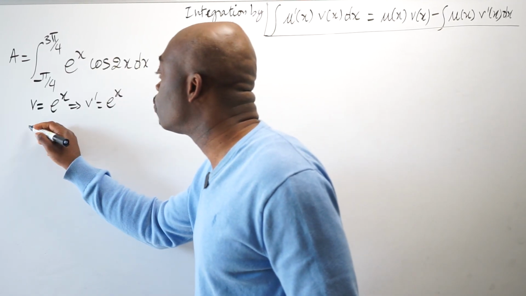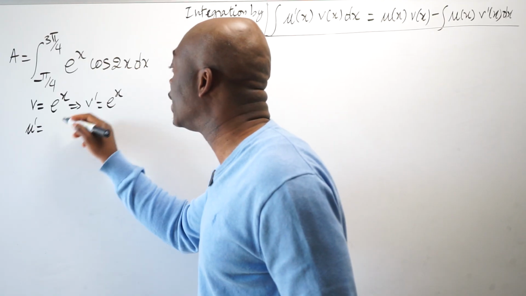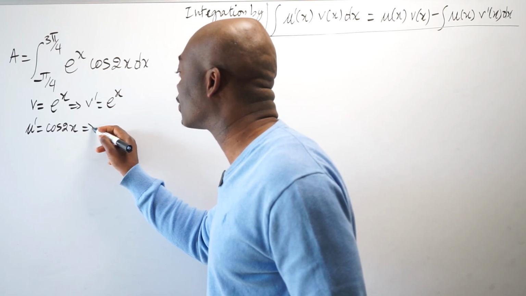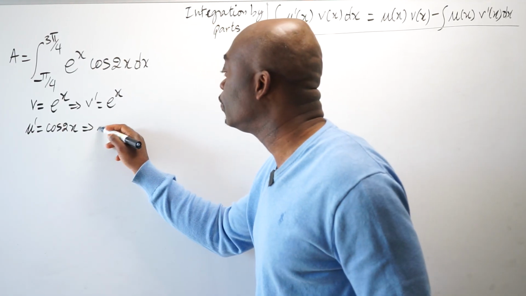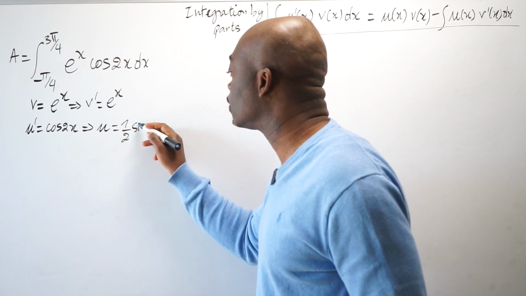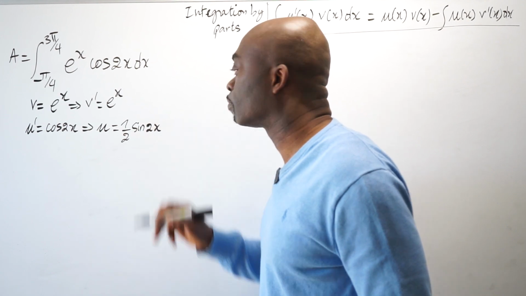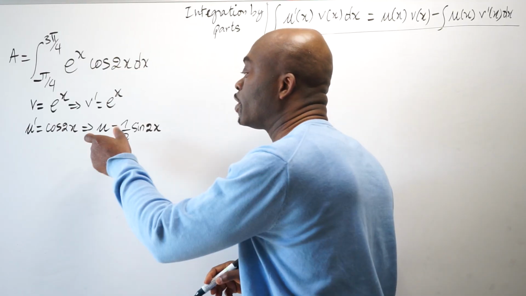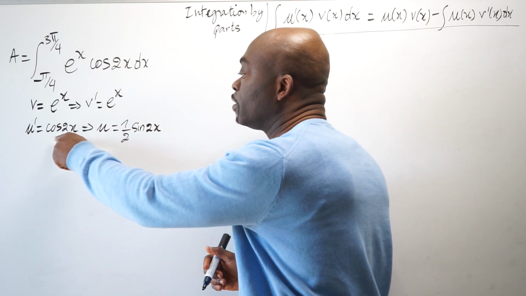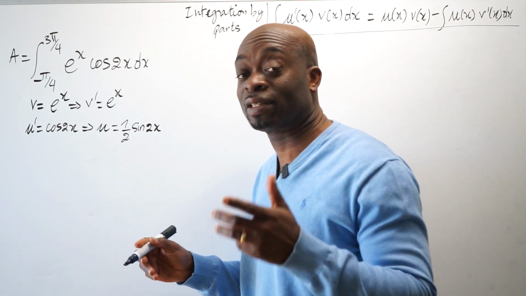Now u prime, we have no choice but cosine 2x, and then u is going to be 1 over 2 sine 2x. Remember, you can always check it: finding the derivative of this should give you cosine 2x. If it's not, something is wrong.